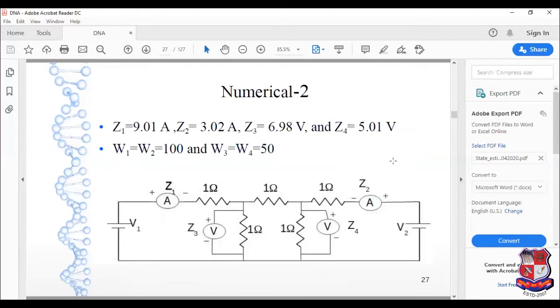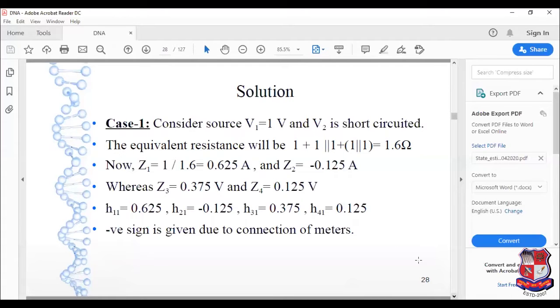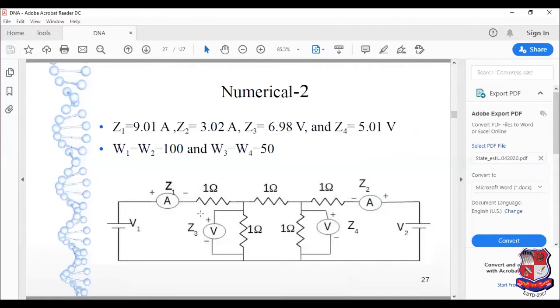How will we obtain this? By applying the superposition theorem. If we apply the superposition theorem, we take V1 equal to 1 volt and V2 short circuited. The equivalent resistance will be found, which is equal to 1.6. Here, if we consider V1 as 1 volt and find the equivalent circuit, then this 1 ohm resistance comes in parallel combination with this 1 ohm.